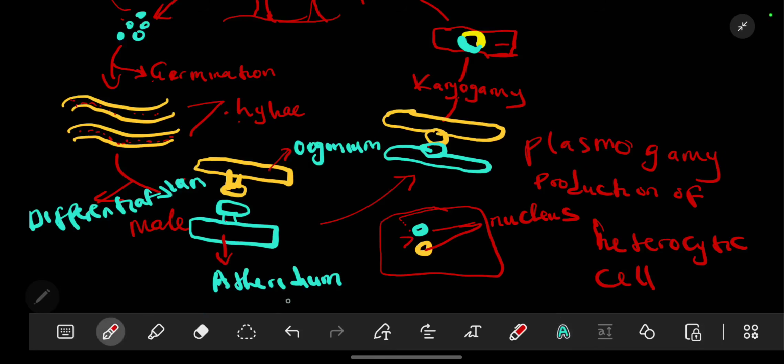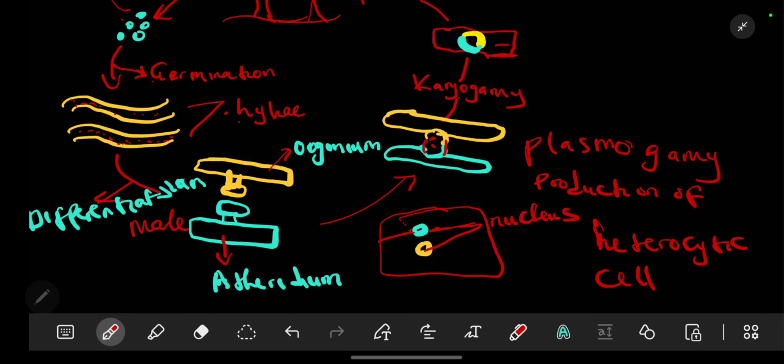When they fuse together, what begins to happen is that the two nuclei will be shared like that. So this is the sub-diagram that we have. We have the nucleus from the male and the female like that.